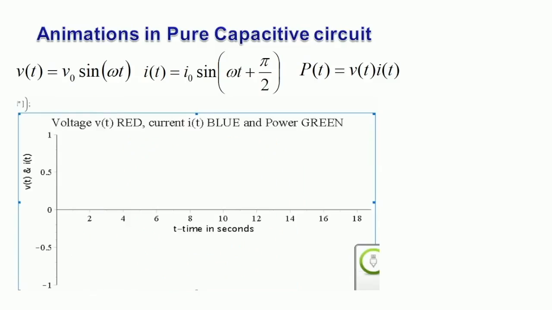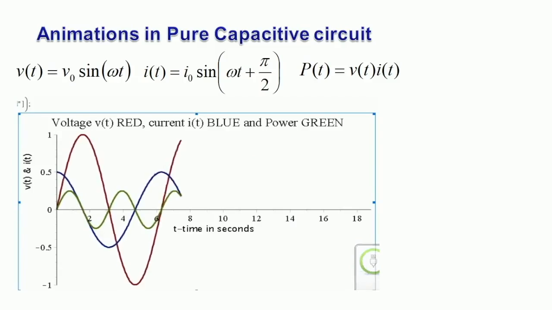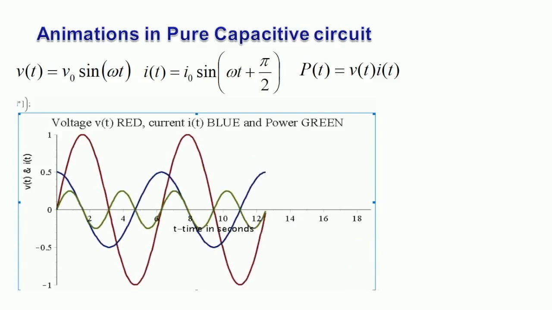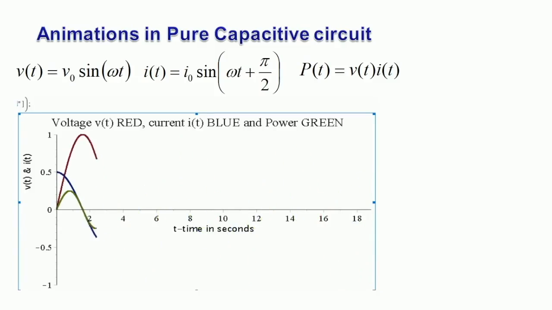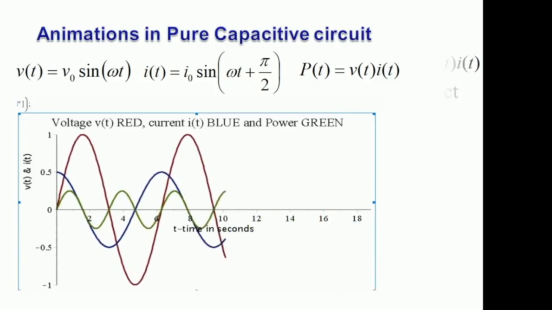And this graph is including fluctuation of power along with voltage and current in a pure capacitive circuit. So this gives a little better intimation.